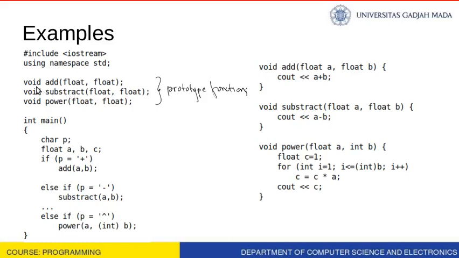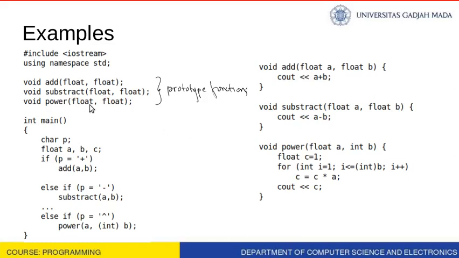This is void add, this is also void add, and here are two parameters for function add, and this is also two parameters of function add, but we don't have any variable for these parameters. We just mention the data type. Okay, so this is the prototype function.